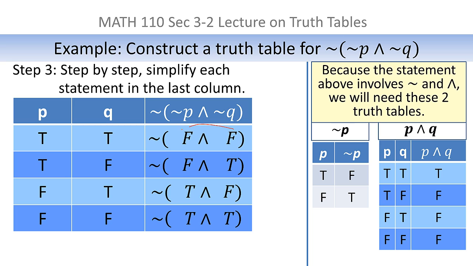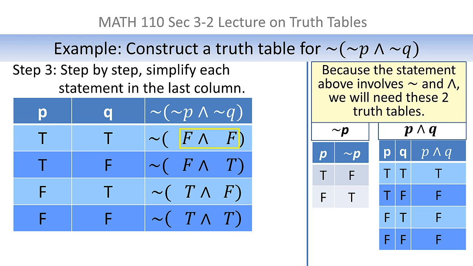Now we want to work inside the parentheses, one row at a time, and simplify these ands. We have the truth table for and over here, so we know what to do. And remember, we also had a shortcut for remembering an and: it's only true if they're both true. If you look through here, you can see there's only one case where they're both true, but let's take it one at a time, at least in the beginning, and go slow.